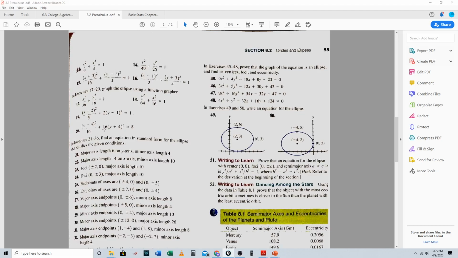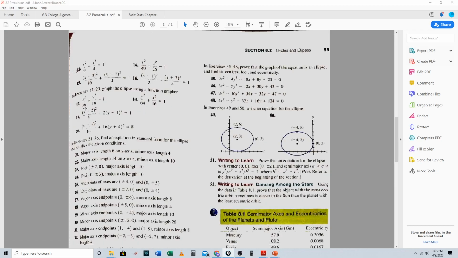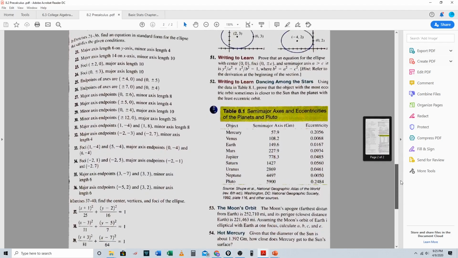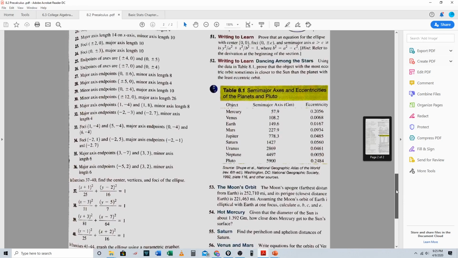So these are the ones I'm going to give you. I'm probably going to just give you questions 1 through 5, and then down here 21 through 39.